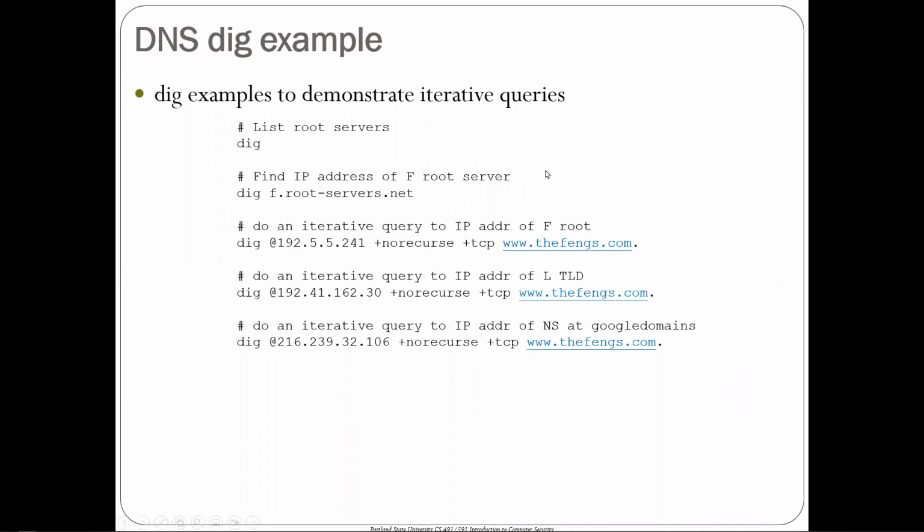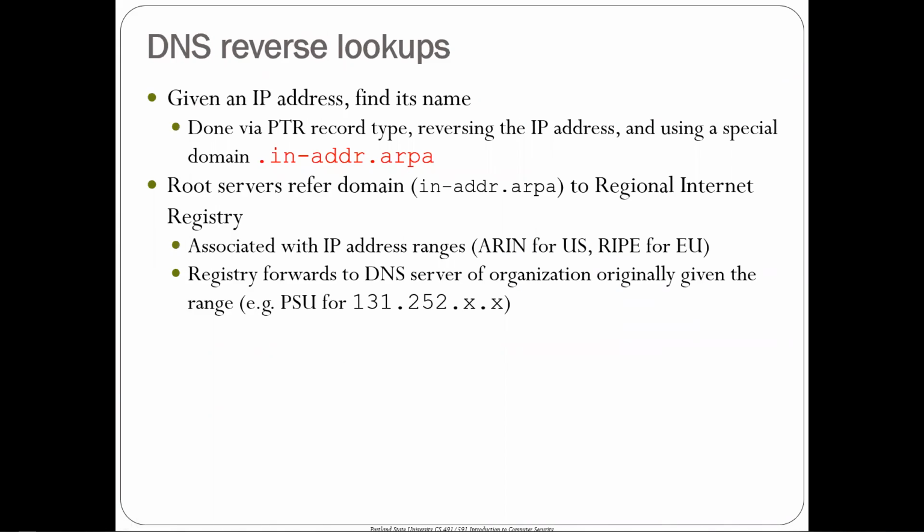Okay, the other useful thing is reverse lookups. Given an IP address, it's really useful to find the domain name that it's associated with. That's done with a special record type called the pointer record type, which I didn't talk about earlier, but it's just one of those.